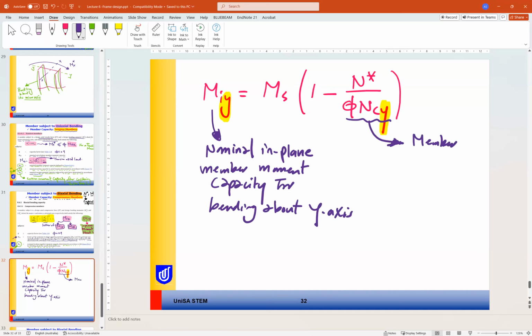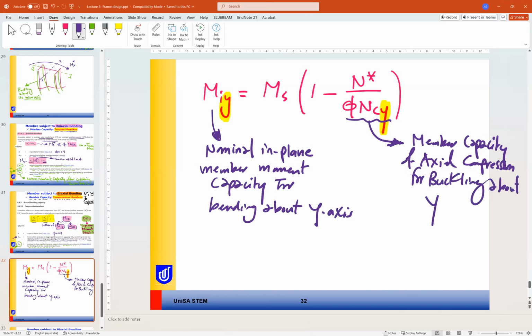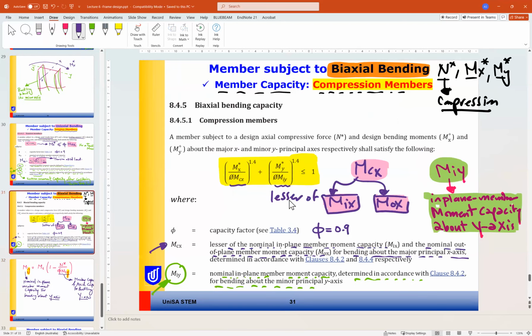Member capacity of axial compression for buckling about y-axis. Okay, so this is how to find MIY.